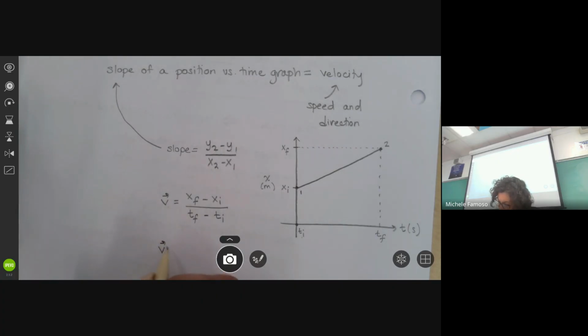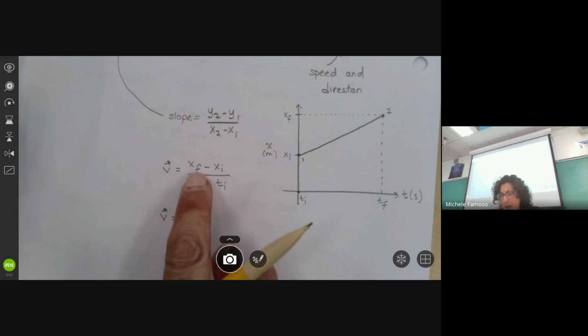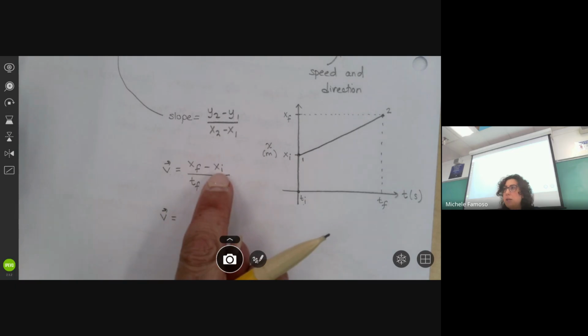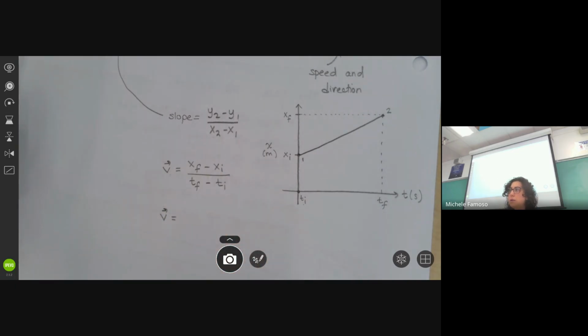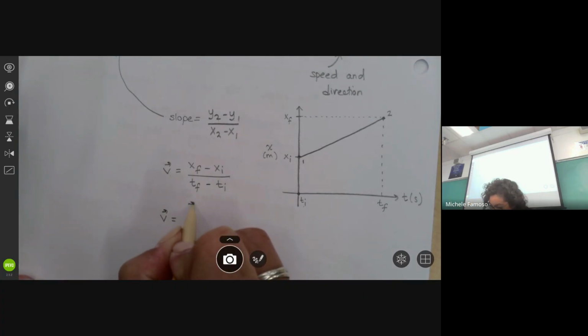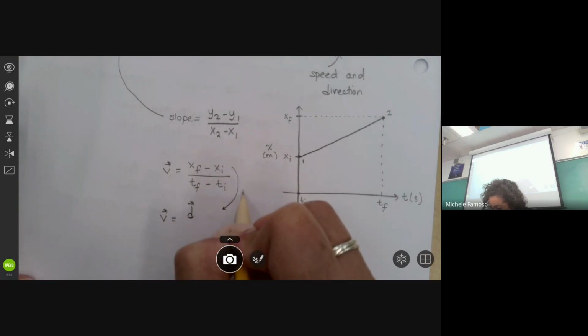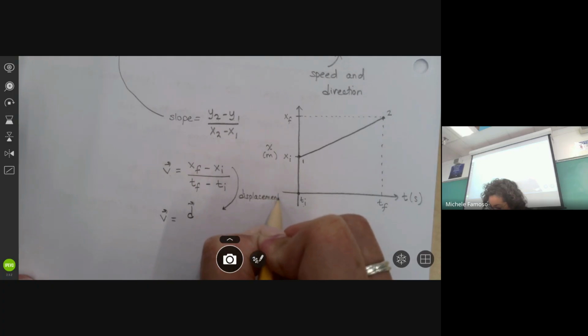Oh, hold on a minute. Anybody remember what a difference between the final and initial positions is called? You might want to look back in your notes. What do we call XF minus XI? That is called the displacement, which is D with the arrow.